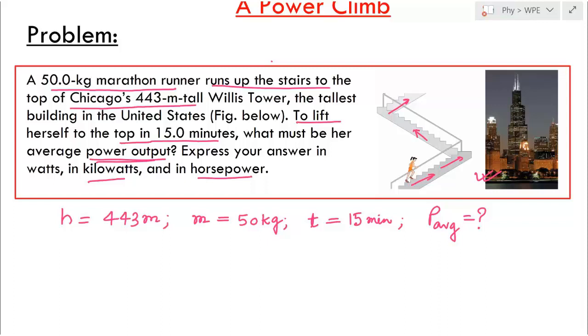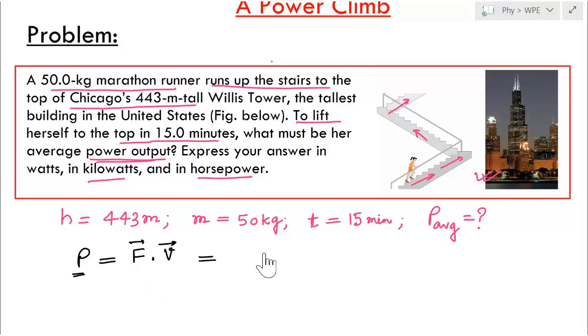Now how will you do this problem? If you remember, power is given as F dot V. Force is a vector quantity, velocity is a vector quantity, but if you take the dot product, power is a scalar quantity.